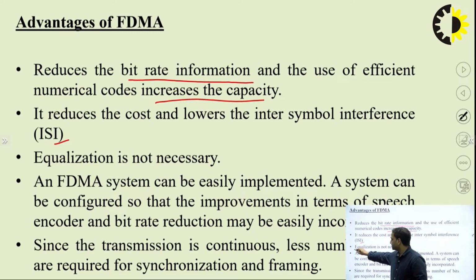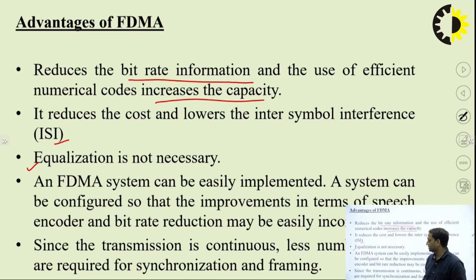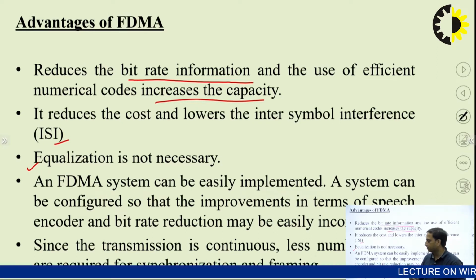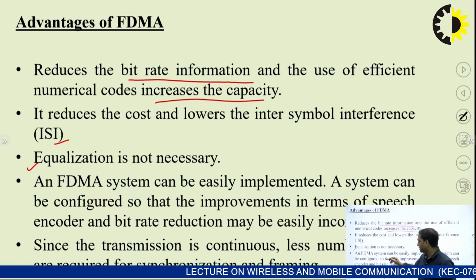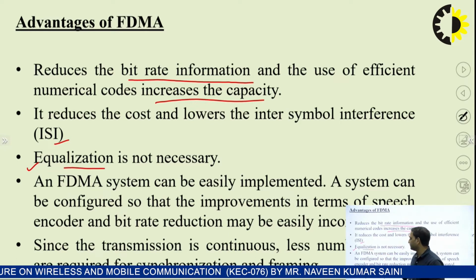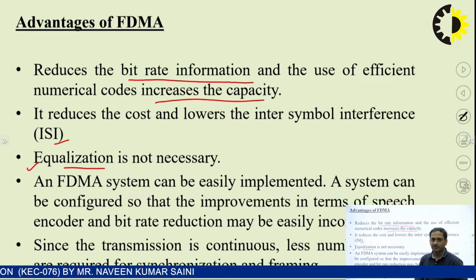In the FDMA system, equalization is not necessary, because equalization is required when there is more ISI. If the inter-symbol interference in the system is high, then to mitigate this ISI we require equalization.